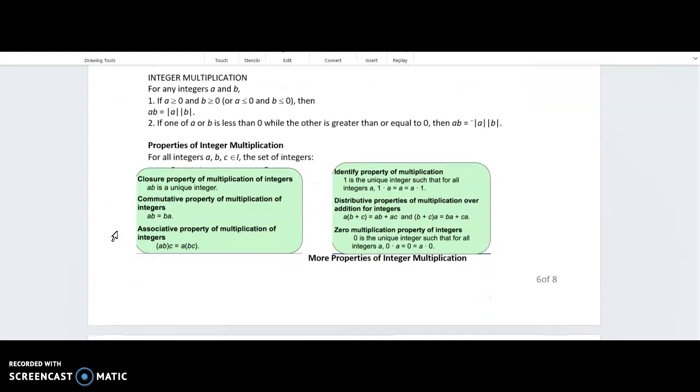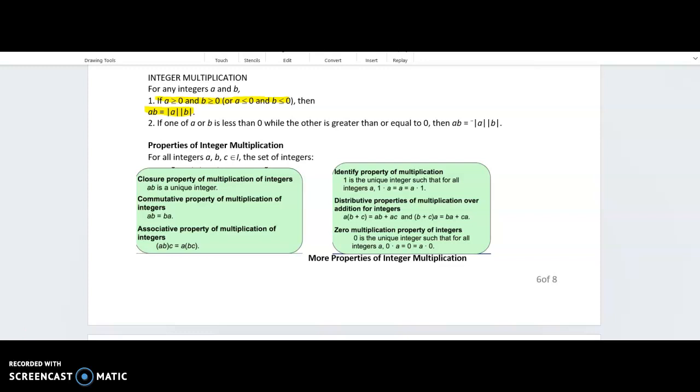Let's look at our rules for integer multiplication. If a and b are both greater than 0, or if they're both less than 0, both of them being the key word, then when you multiply a times b, it's going to end up being a positive answer. It says you'll get the absolute value of a times the absolute value of b.